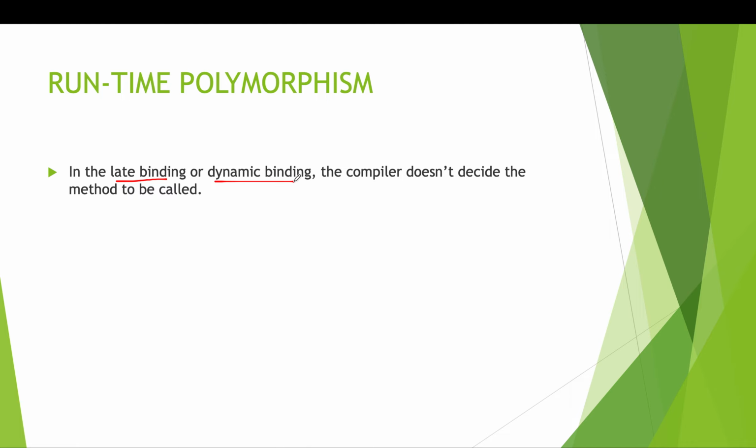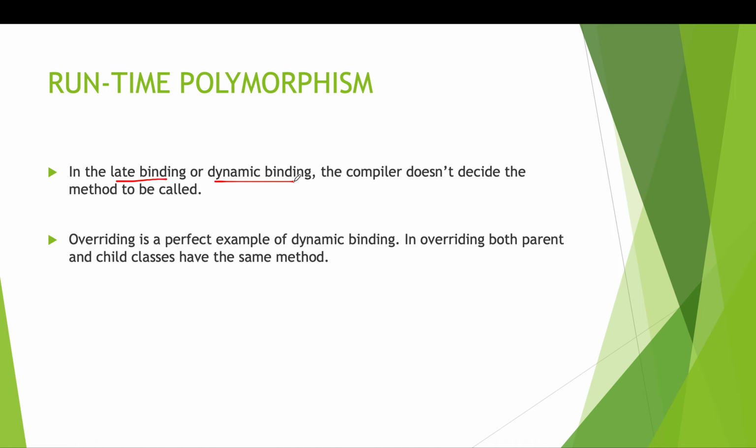That means during compilation it is not decided which of the multiple methods will be executed. It is decided during the execution of the program. At compile time the machine will not know which function to execute. It will get to know which form is going to be executed at runtime.